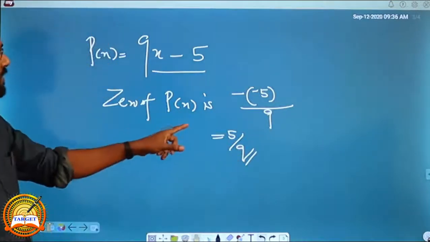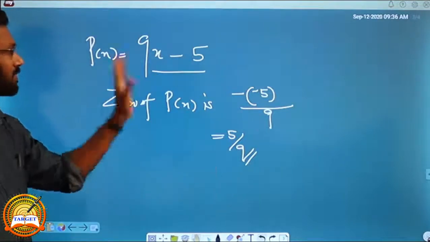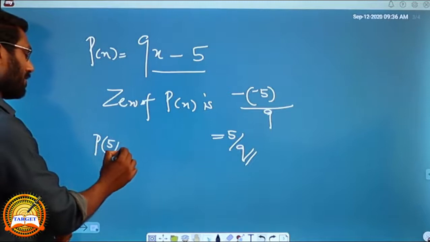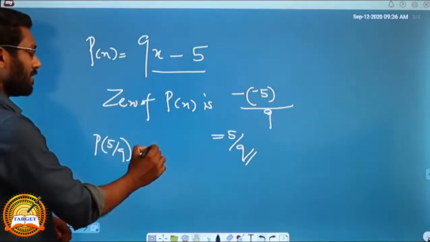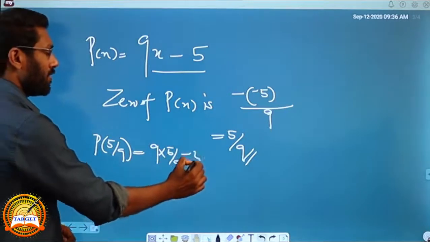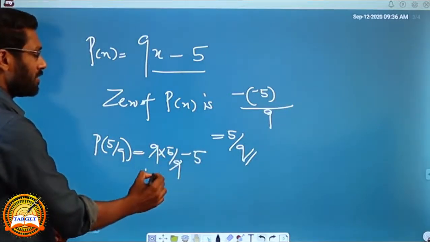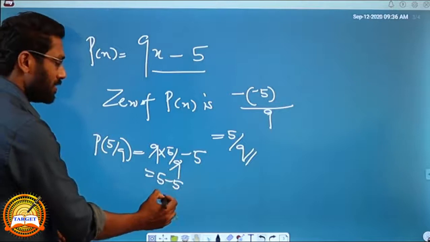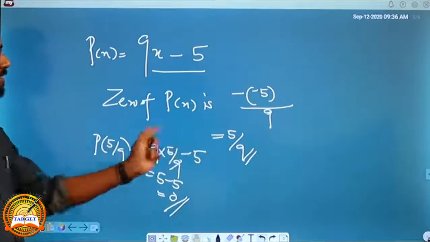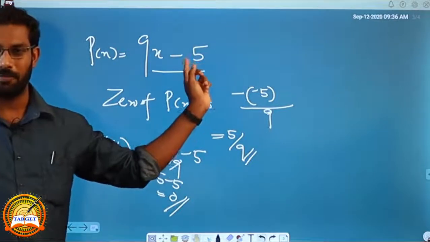So the zero of p of x is 5 by 9. We can check whether it is the zero: p of 5 by 9. What is p of 5 by 9? 9 into 5 by 9 minus 5. So the 9 cancels, 5 minus 5 is 0. So clearly our answer is right. 5 by 9 is the zero of this linear polynomial.